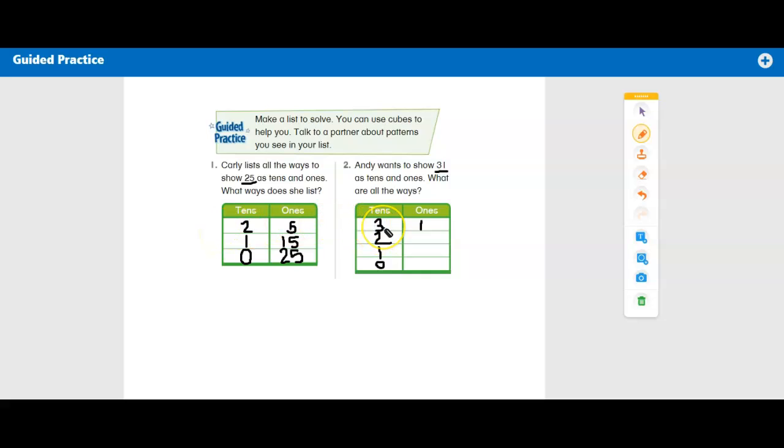I begin with 3 10s, and I cannot go up because then that will be bigger than my starting number. So I must decrease my number of 10s each time. 3 10s and 1 1 make up the number 31.